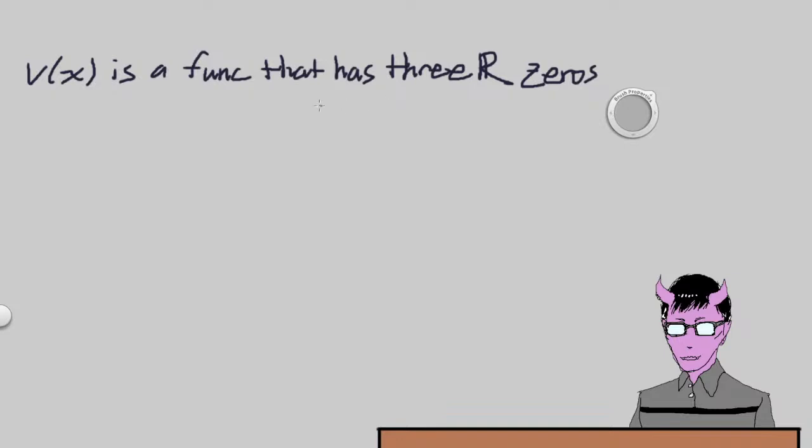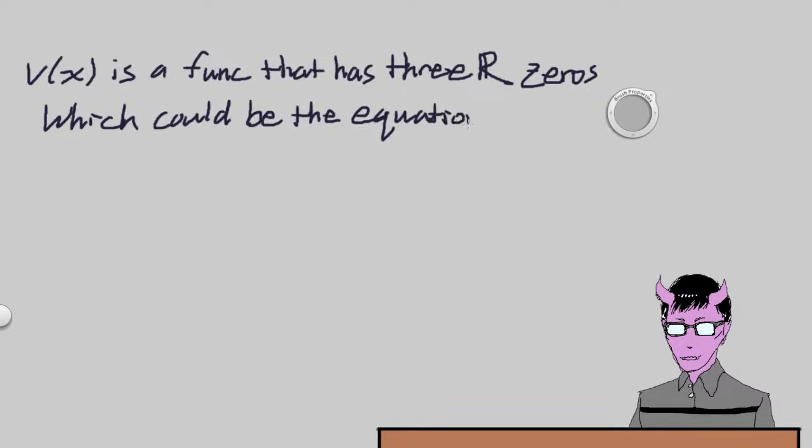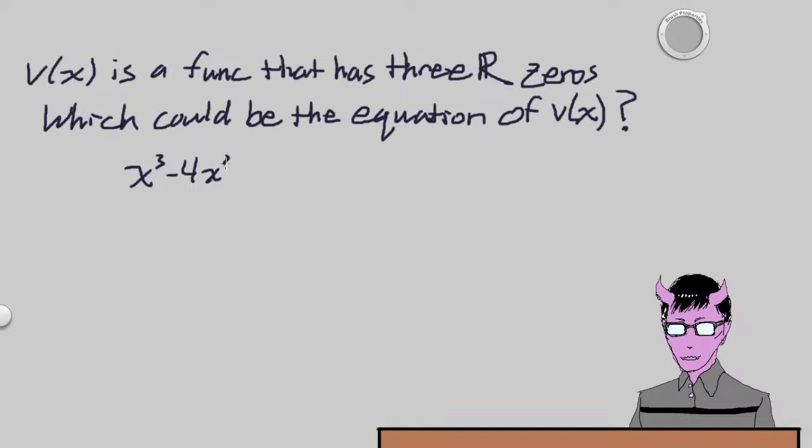Which of the following could be the equation of v of x? So we have option number 1, which is going to be x cubed minus 4x squared minus 3x plus 18.